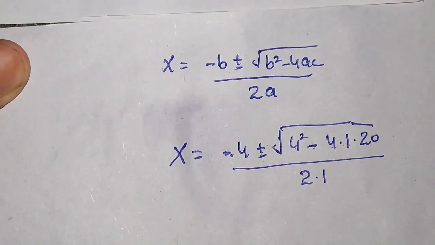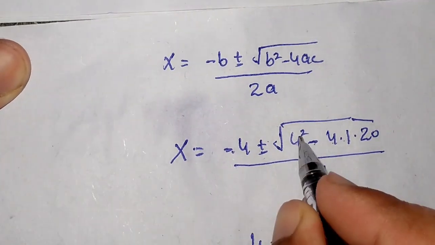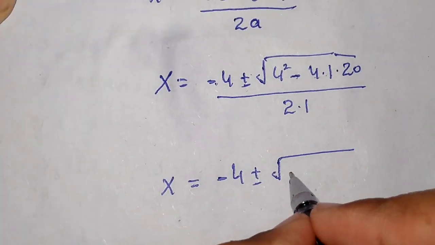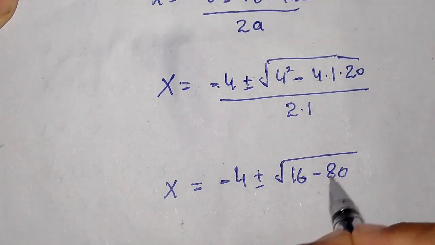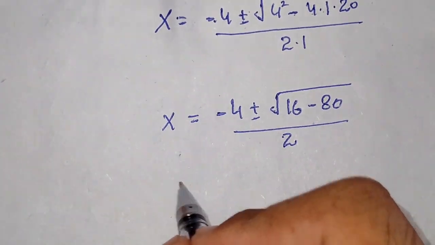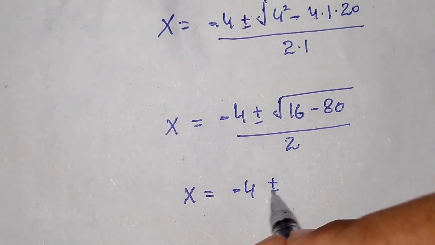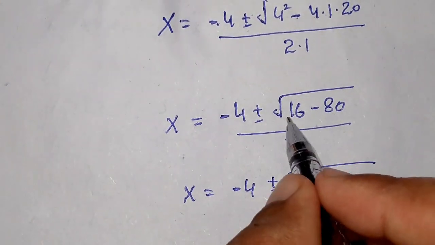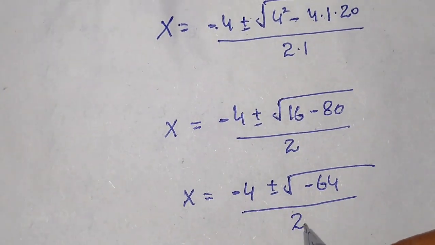In the next step, 4 square is equal to 16, minus 4 times 20 is equal to minus 80, and 2 times 1 is equal to 2. Now x is equal to minus 4 plus minus square root of minus 80 plus 16, this is equal to minus 64, over 2.